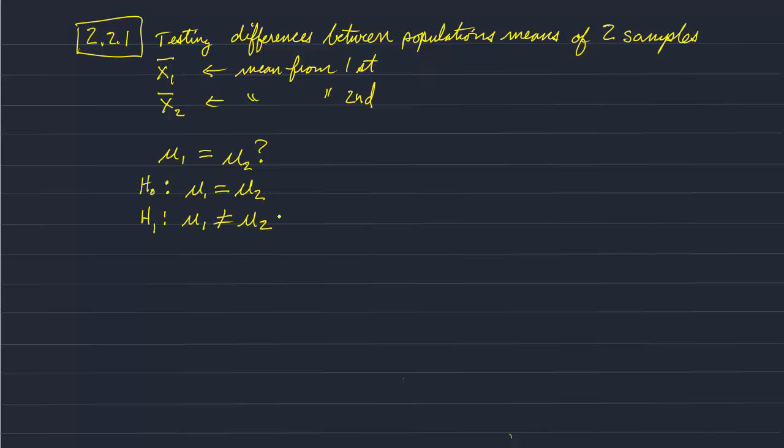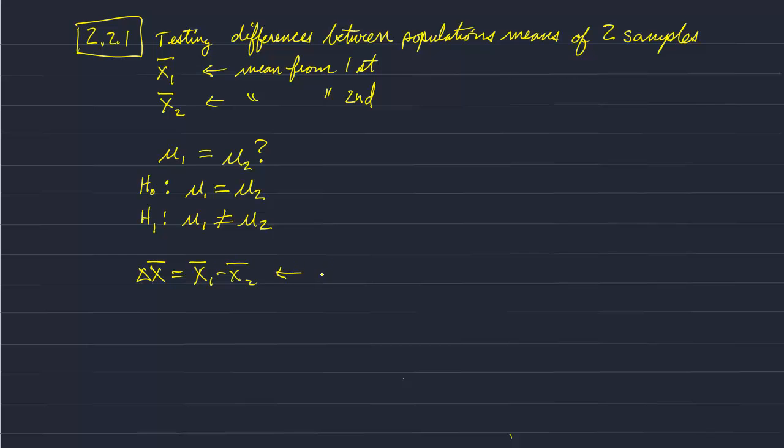Okay, so if the two populations that have been sampled indeed do have different means and the populations are independent of each other, then the differences in sample means will have their own distribution. So let's say delta x bar is equal to x bar 1 minus x bar 2.